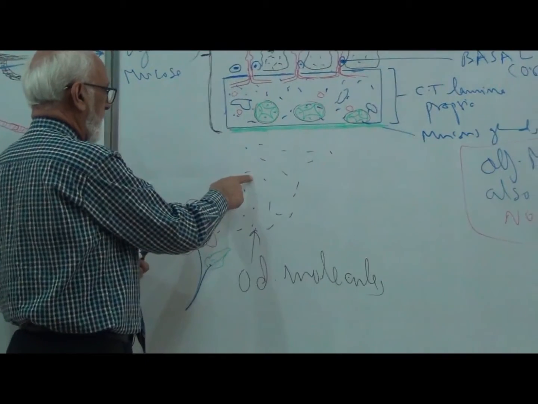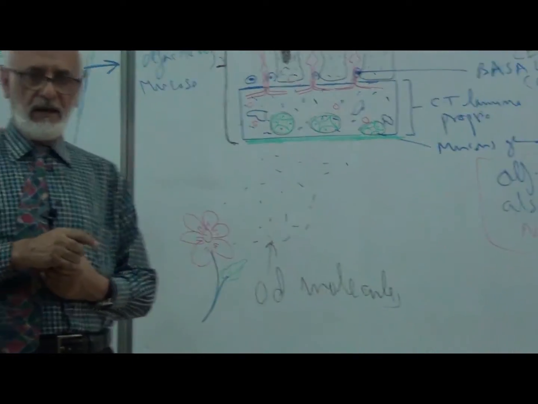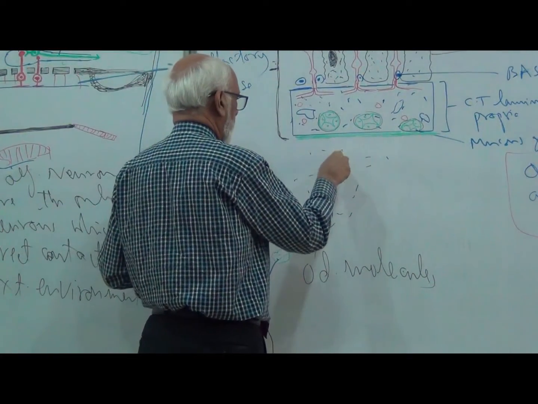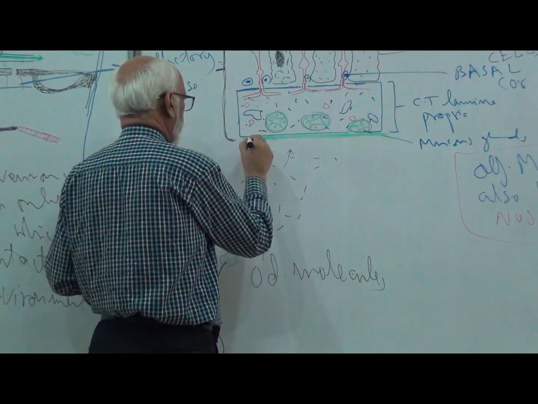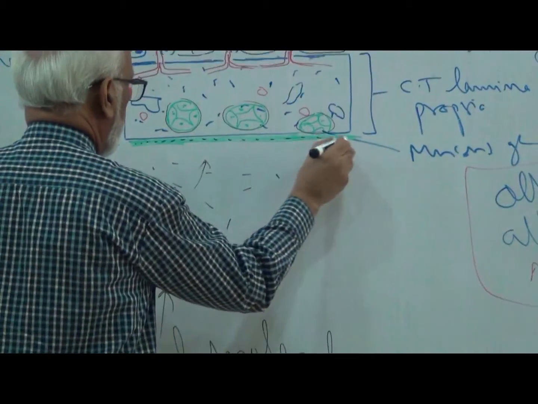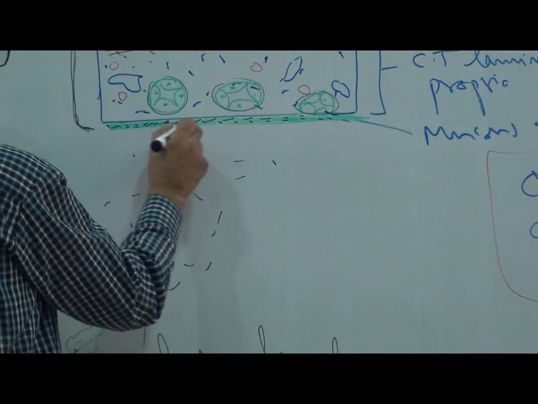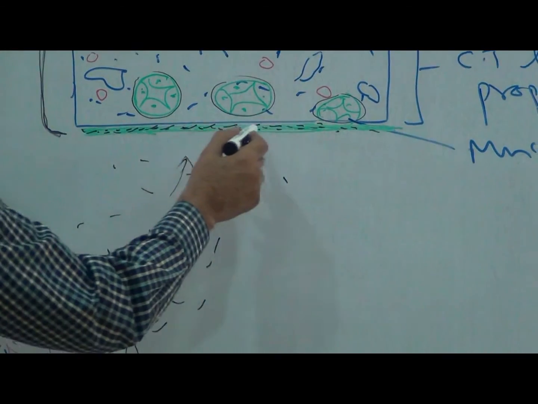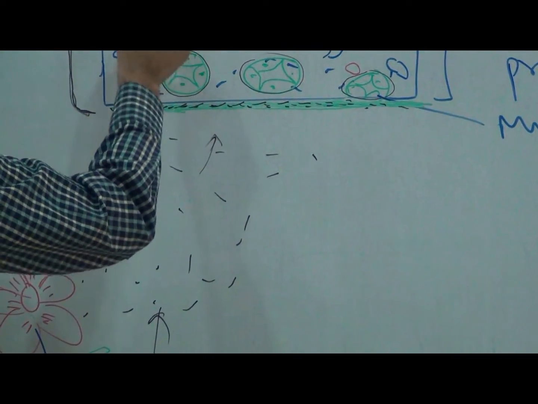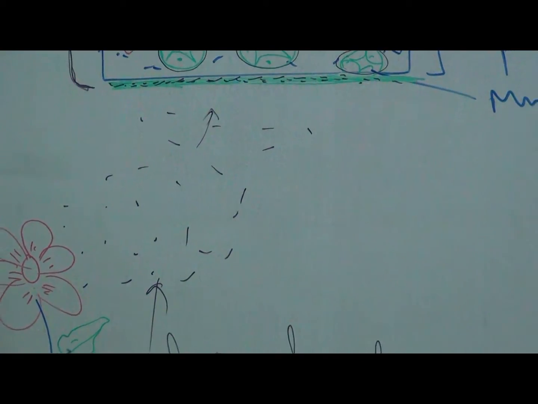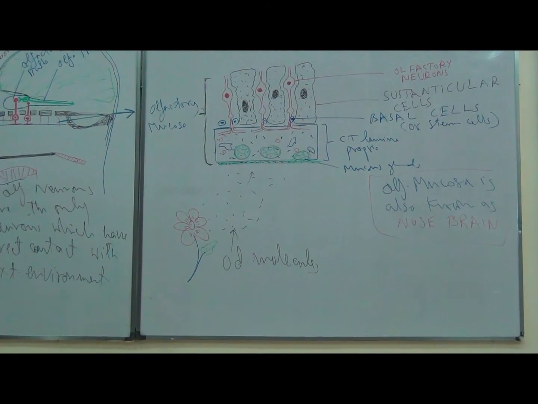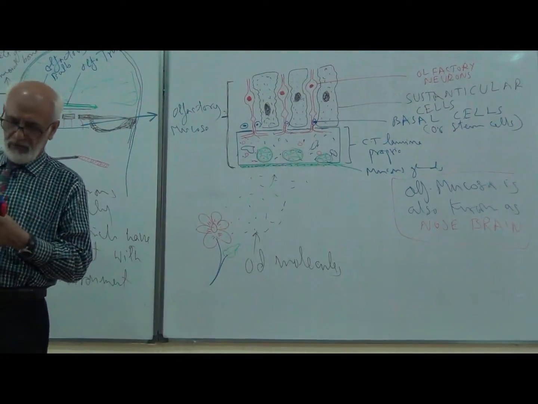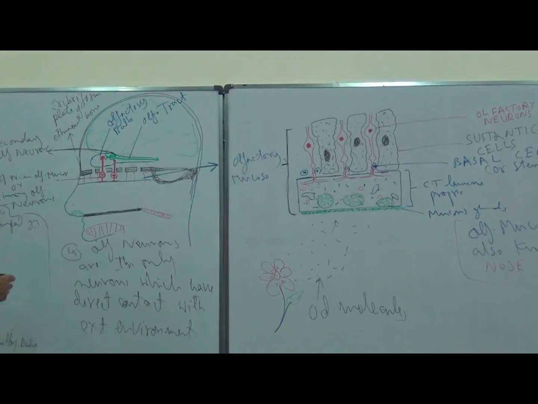Now these odorant molecules, when they are dry, are unable to stimulate the olfactory neurons. So this is why, when they enter the nasal cavity, they are dissolved in the mucus lining the olfactory mucosa, and these odorant molecules in fluid form are then able to stimulate the olfactory receptors, that is the cilia of the neurons, and then the olfactory neurons are stimulated and impulses go to the centers.